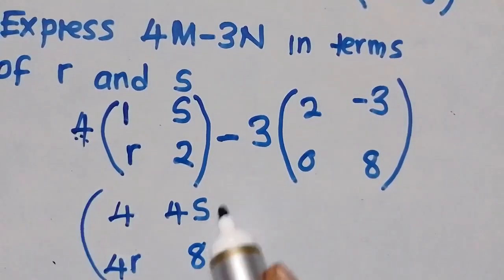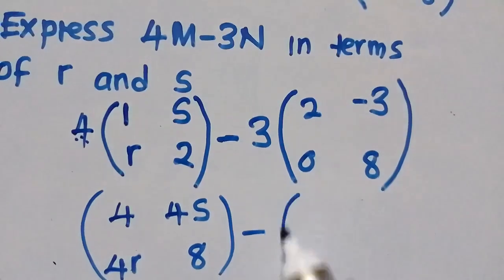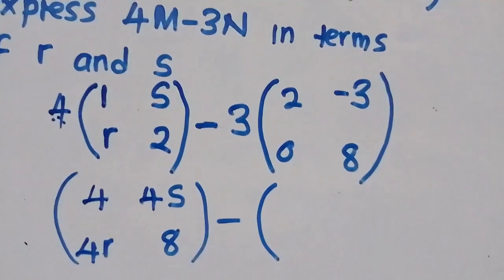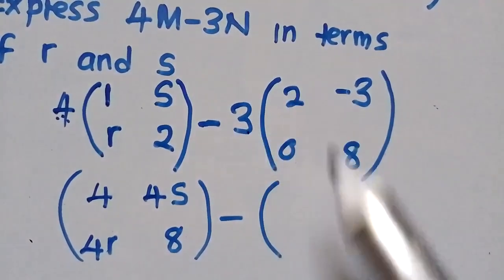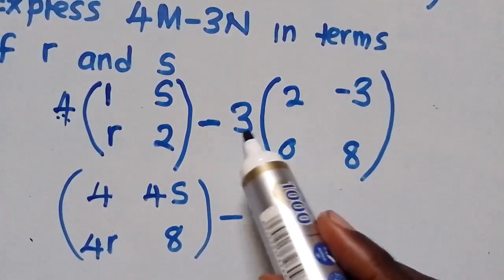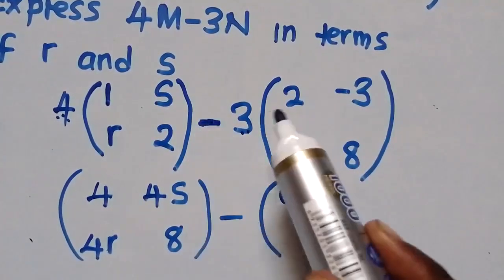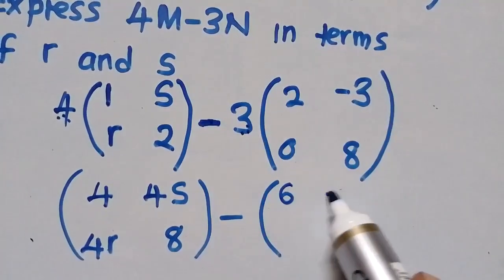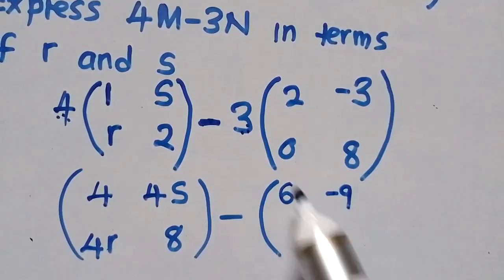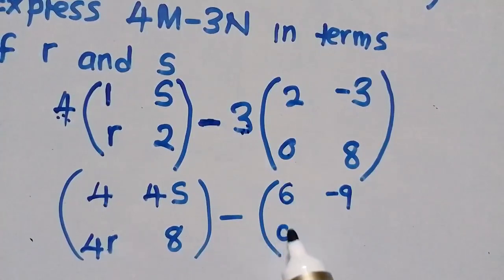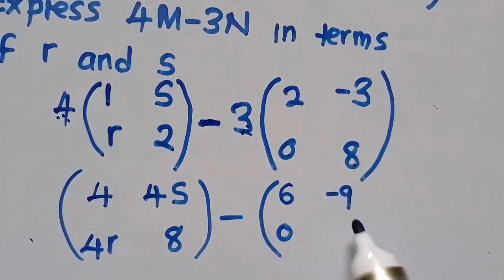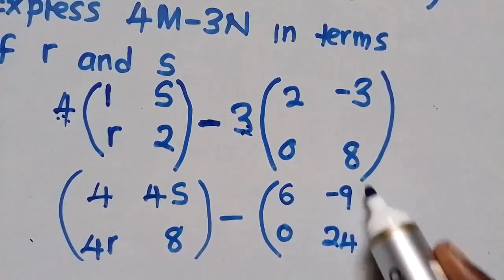Then you say minus. You go to this other side. 3 times 2 is 6. 3 times negative 3, forget about this negative, that is negative 9. Then 3 times 0 is 0. 3 times 8 is 24.